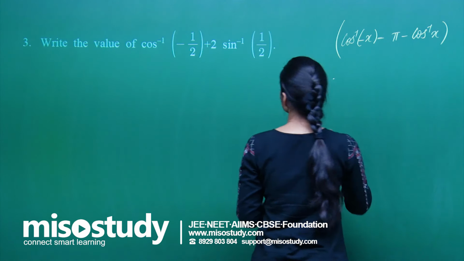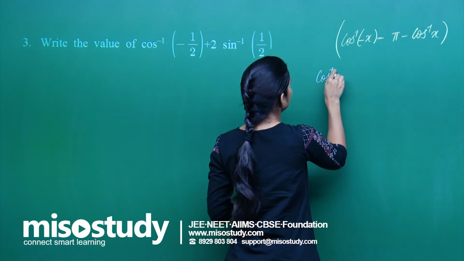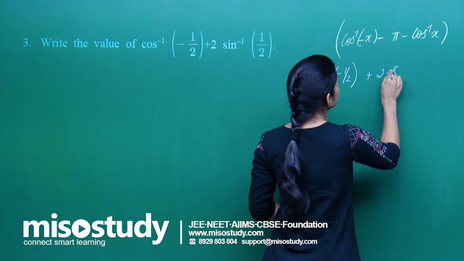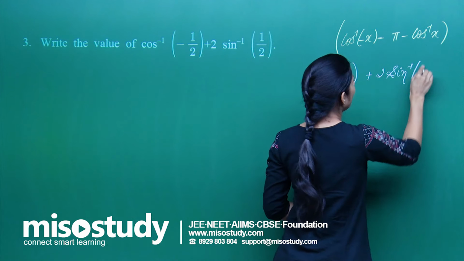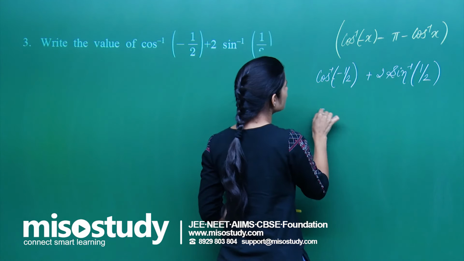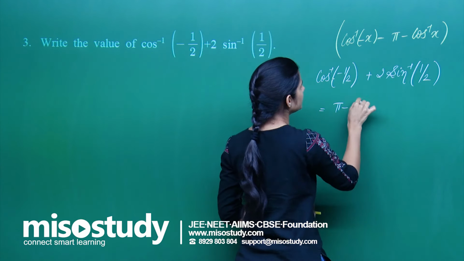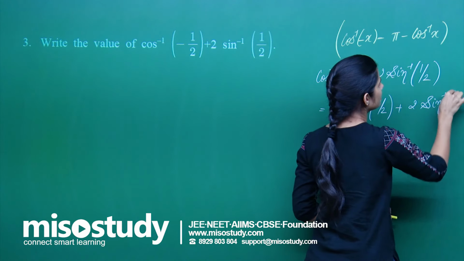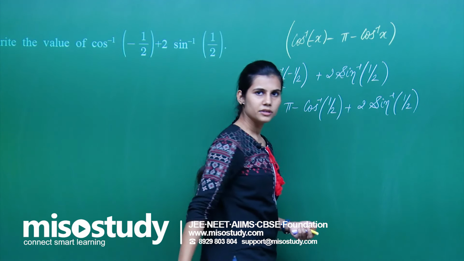So in here, if I have cos inverse of minus half plus 2 times sine inverse of half, obviously cos inverse of minus half will be, by the property, pi minus cos inverse half plus 2 times sine inverse half.